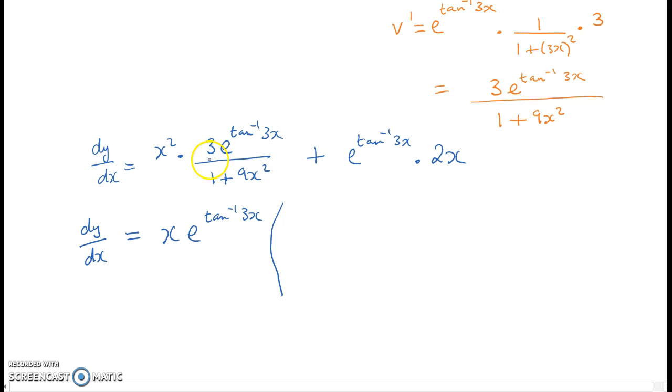And if we take that out of the first term here, we're going to be left with a 3x over 1 plus 9x squared. And out of the second term, we've got the x and the e to the inverse tan, so we just have 2.